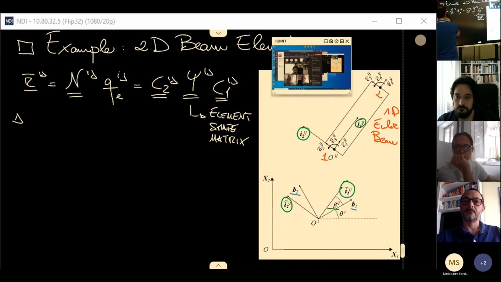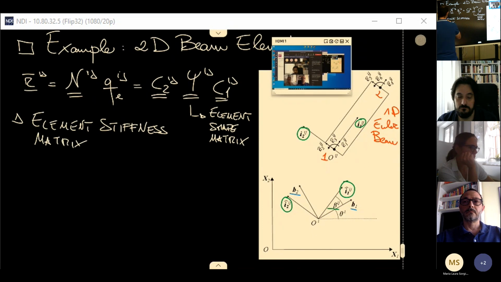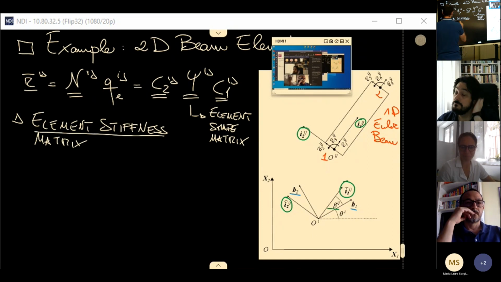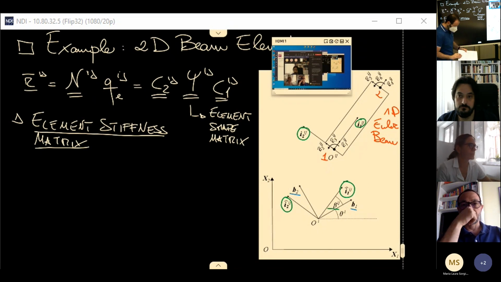Okay, so we're going to have the derivation of the element stiffness matrix, and in so doing, we resort to, let's say, a strategy that we have already seen, and we will expand further here today.